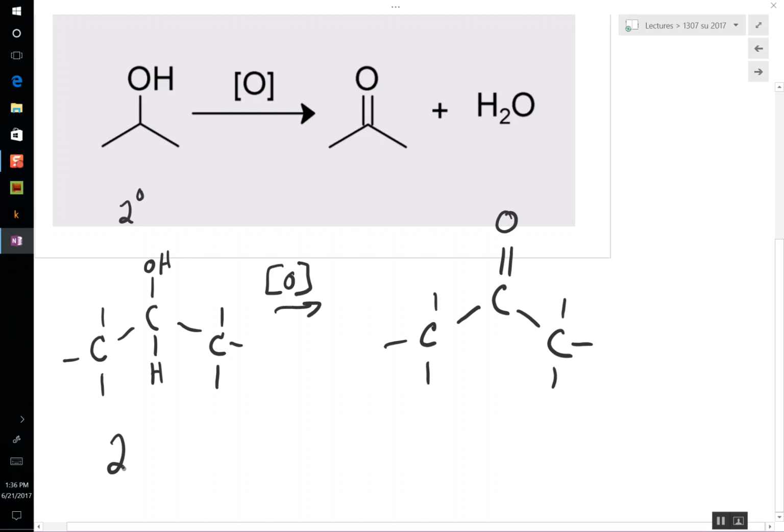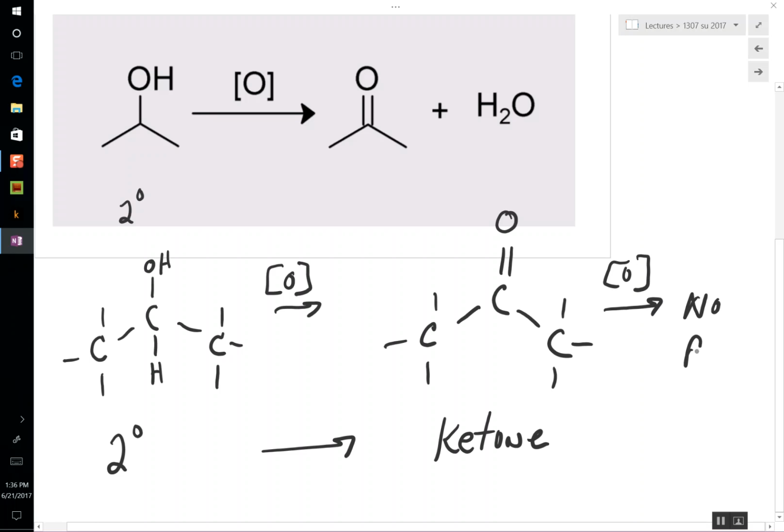So a secondary alcohol oxidizes to a ketone, and that is it. It doesn't go any further. If you say, well, what about this? No reaction. You can't oxidize the ketone any further.